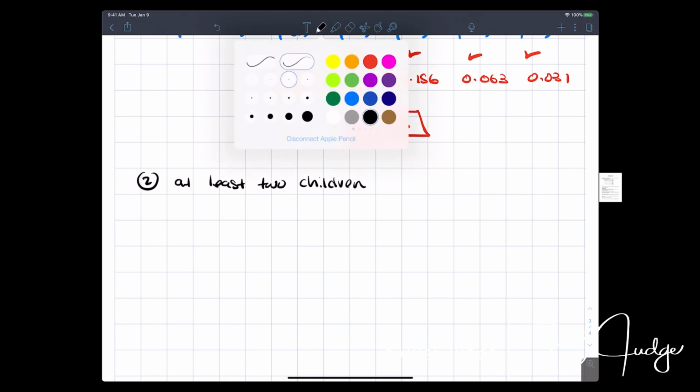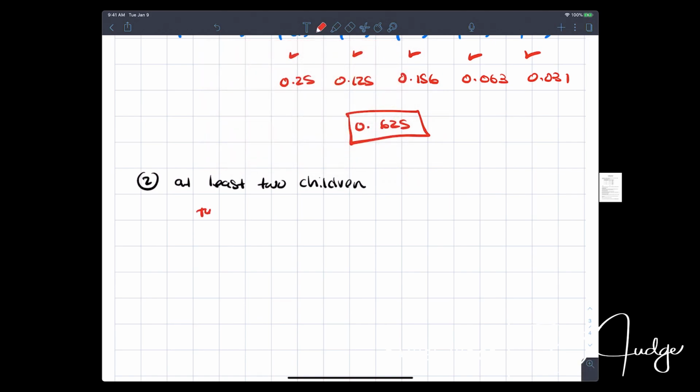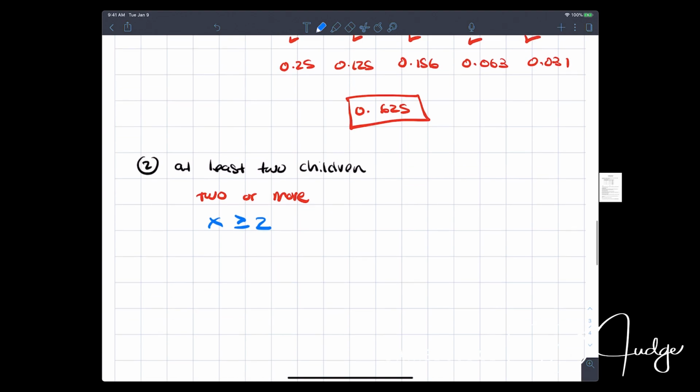At least 2 means, again, 2 or more. Now, since X represents the number of children, X here is greater than or equal to 2. That means X can be 2 or 3 or 4, or in this case, 5. This is the meaning of at least 2.